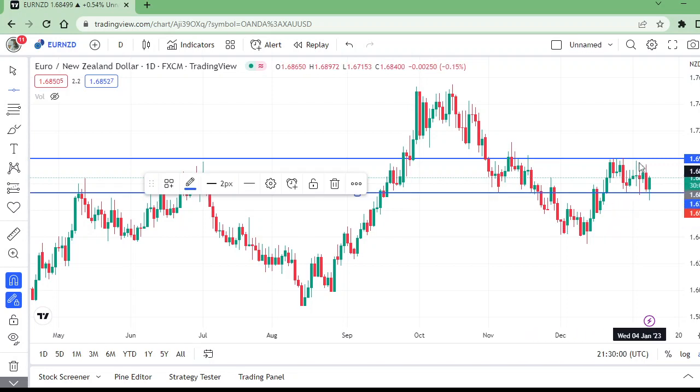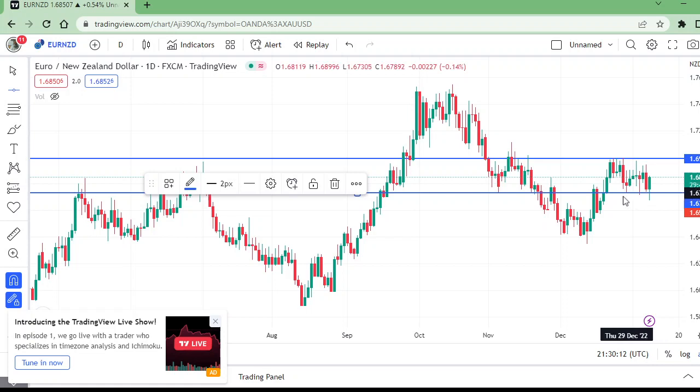From here it went back to the previous high, but this is a lower high. From the lower high it came and broke this low. After breaking this low, it went up for this high, and this is a lower high.